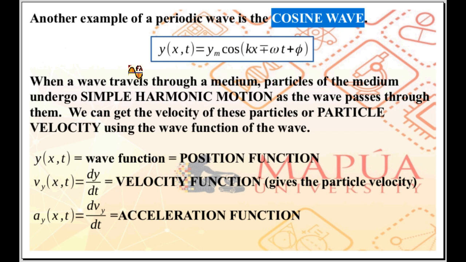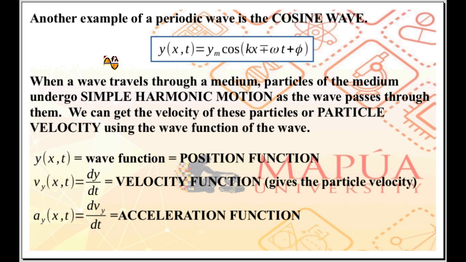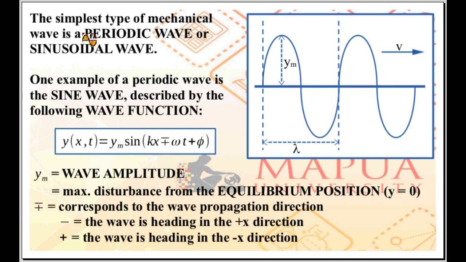Now, it must be noted that for our periodic wave or sinusoidal wave, our default wave function is the wave function for the sine wave. Such that if any problem simply mentions that you have a sinusoidal wave or you have a periodic wave, use the equation for the sine function.